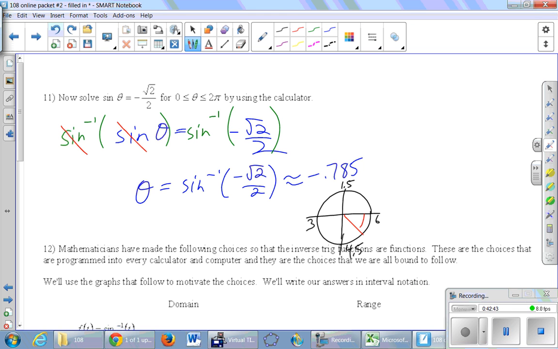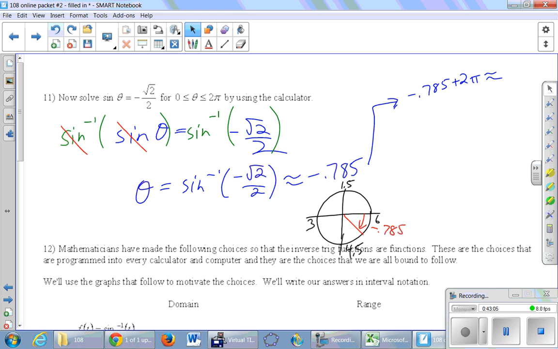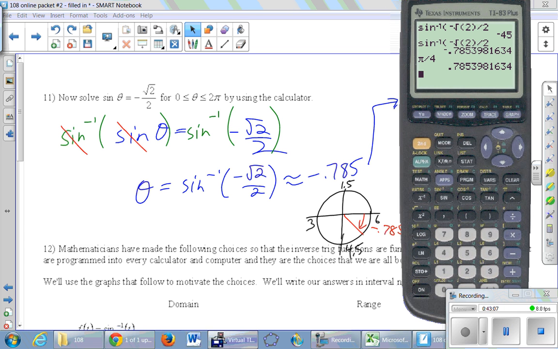And so we'll say this number right here is roughly negative 0.785. And then we've got to use the symmetry to find the other fundamental answer. Let's first take this guy and add 2 pi to it. So we'll get a number on the calculator.